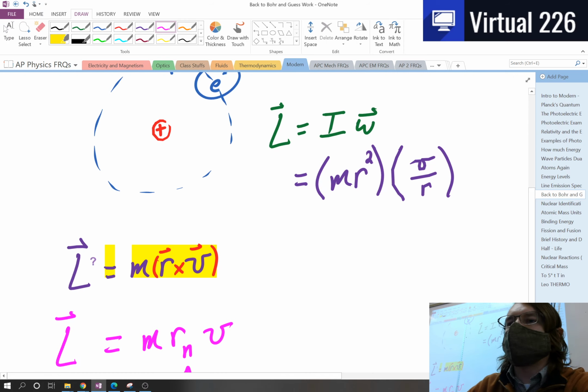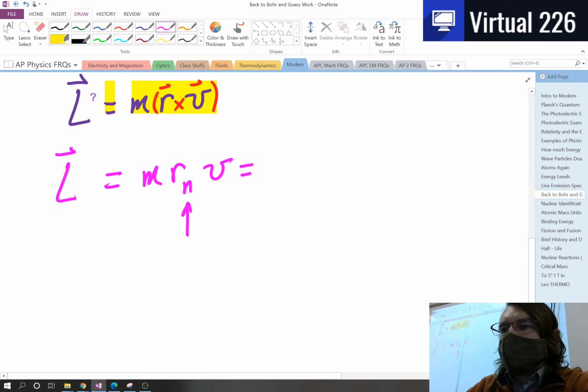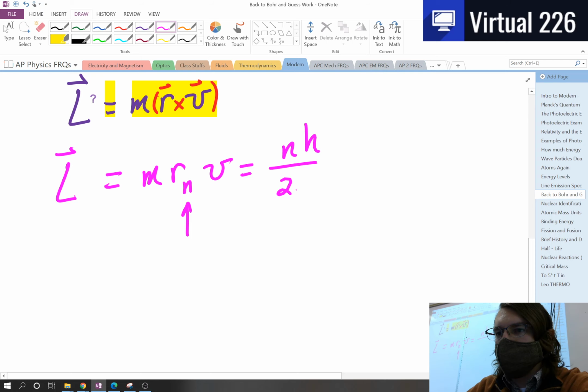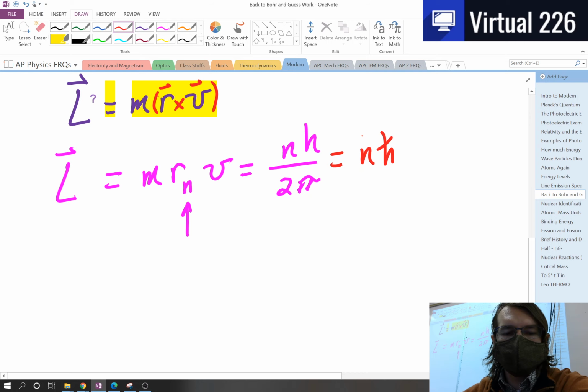Because I could be at lower energy levels, or I could be at higher energy levels. And this is equal to n h over 2 pi, where n is the principal quantum number. As we briefly mentioned earlier, this h over 2 pi comes up so often that we can just call this n h bar. Once again, n is your principal quantum number, what energy level that electron is at.